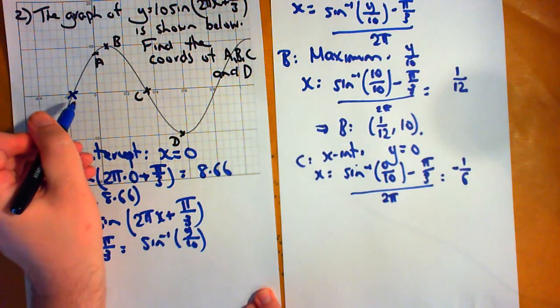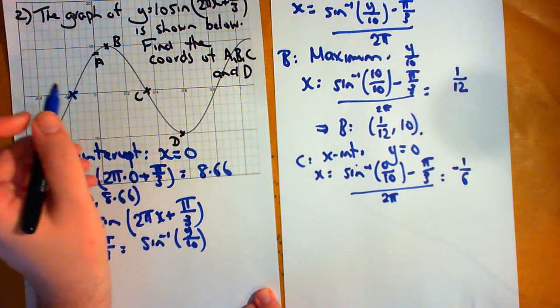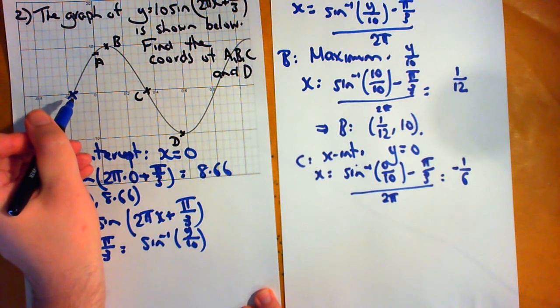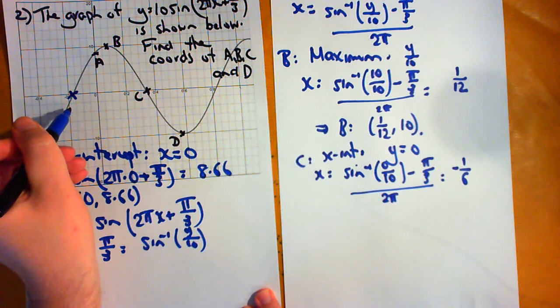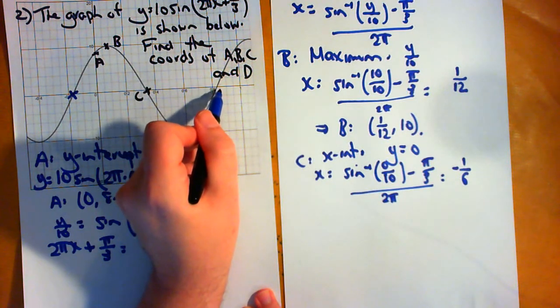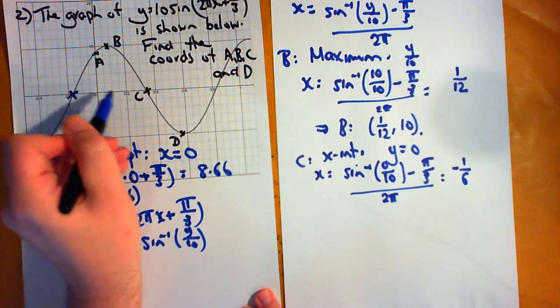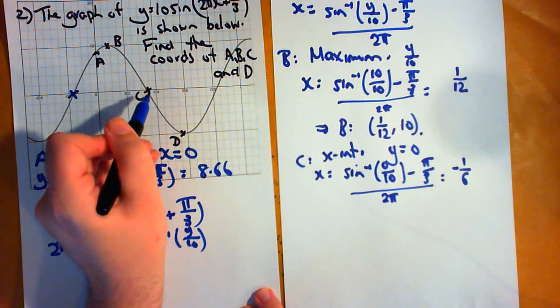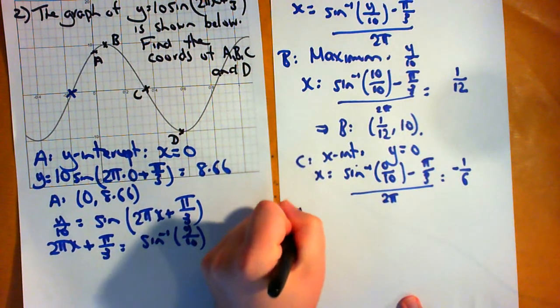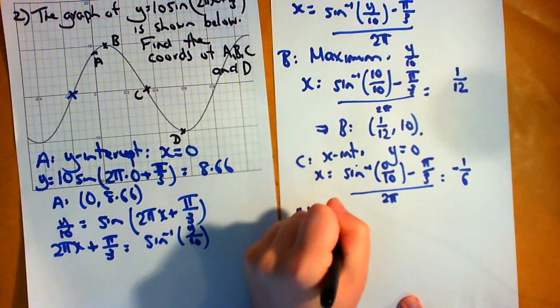So how do we get from here to here? We need to add what portion of a period? A full cycle would be from when it crosses through the middle on the way up to when it crosses the middle on the way up again, which would be here. So here to here is half a cycle, which means we need to add a half period.